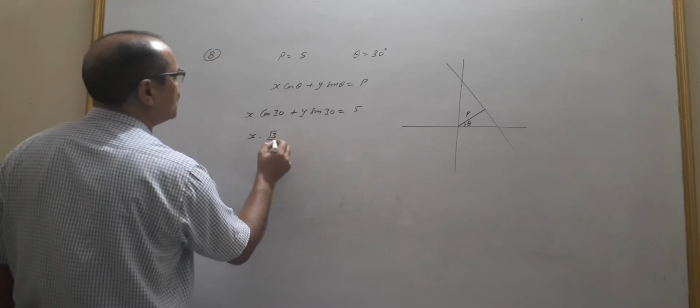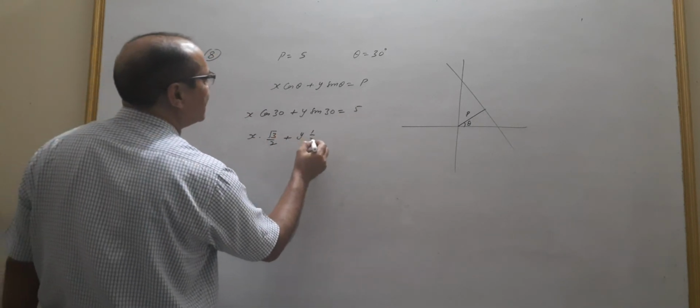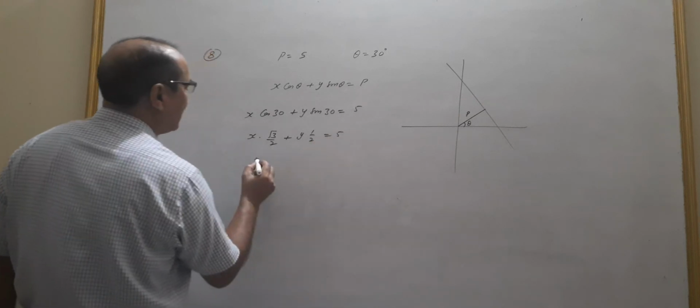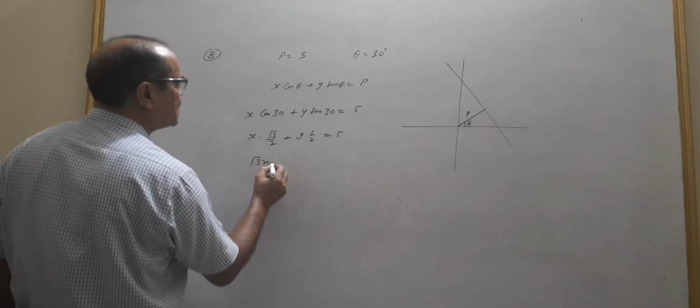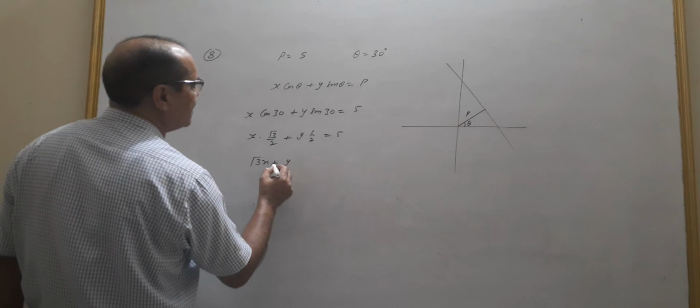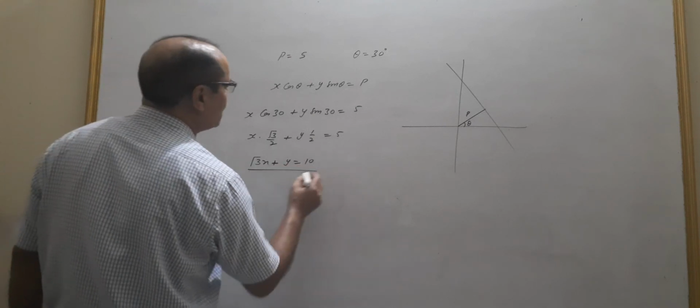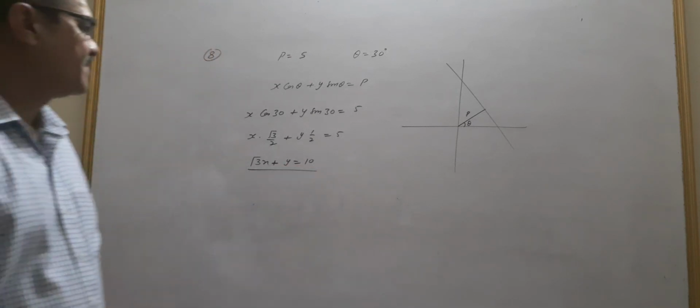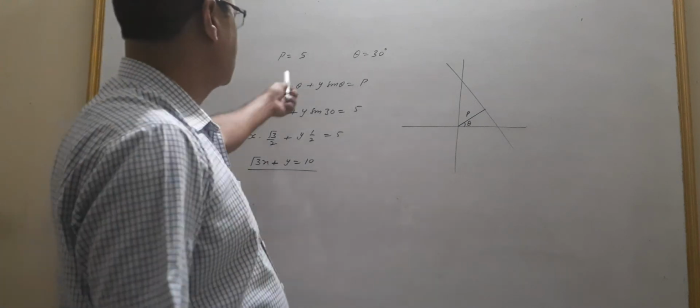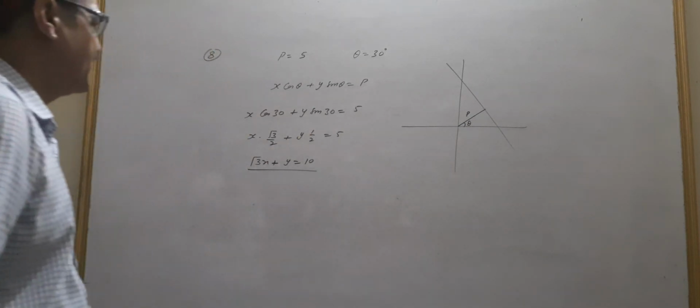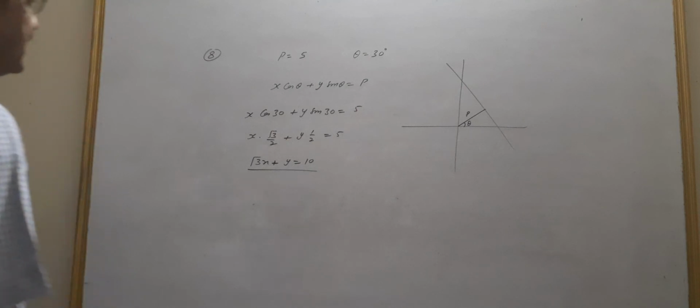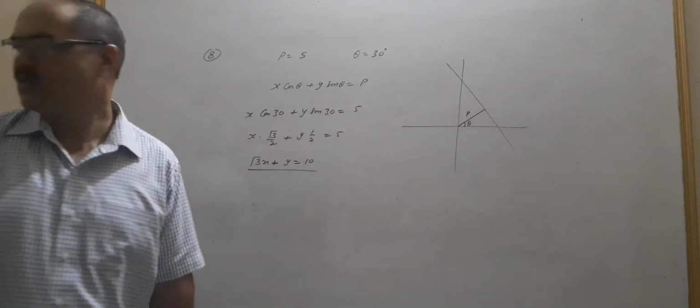You know that is root 3 by 2, and sin 30 is 1 by 2, so x root 3 by 2 plus y times 1 by 2 is equal to 5. By taking the LCM of this and solving it, you get the proper equation of the line. So this is the equation of the line which is at distance 5 from the origin and makes an angle 30 degree with the x-axis. So this is all about this lecture.